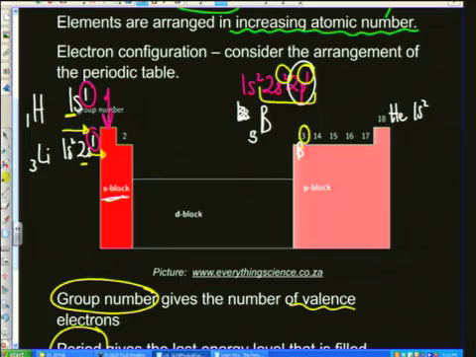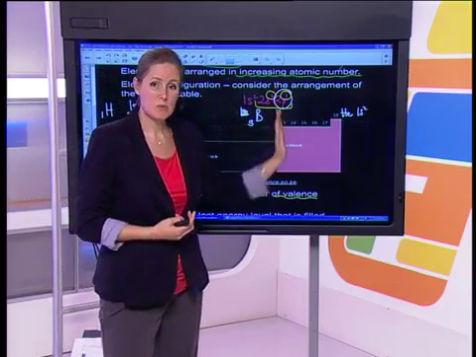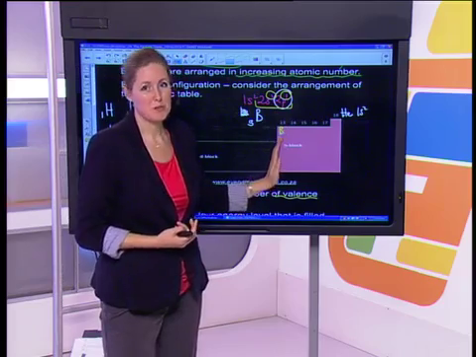Now, I want to note that it is called group 13. Why is it called group 13? Well, because what about these other 10, the transition metals? Those transition elements, you can't just ignore them. So some periodic tables you might find begin those with group 3.